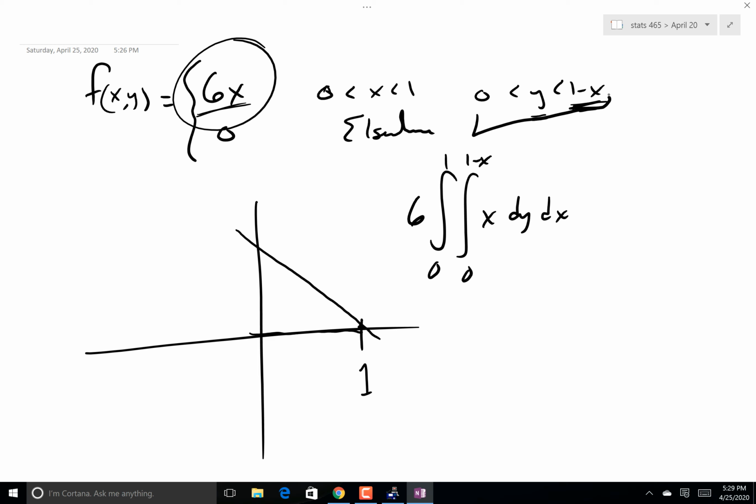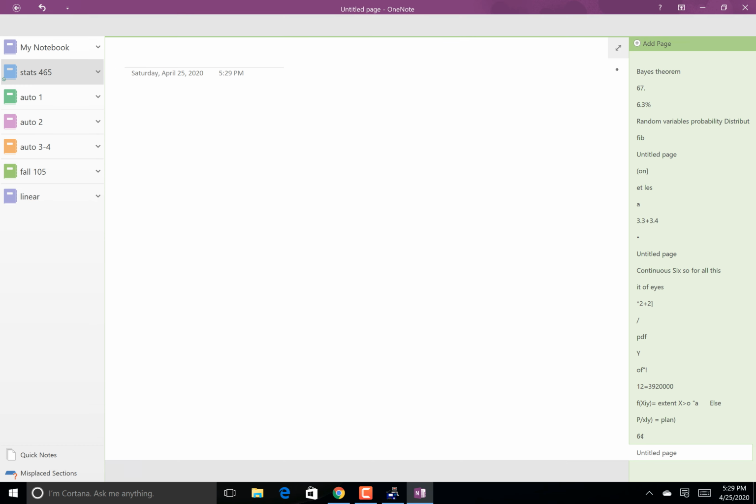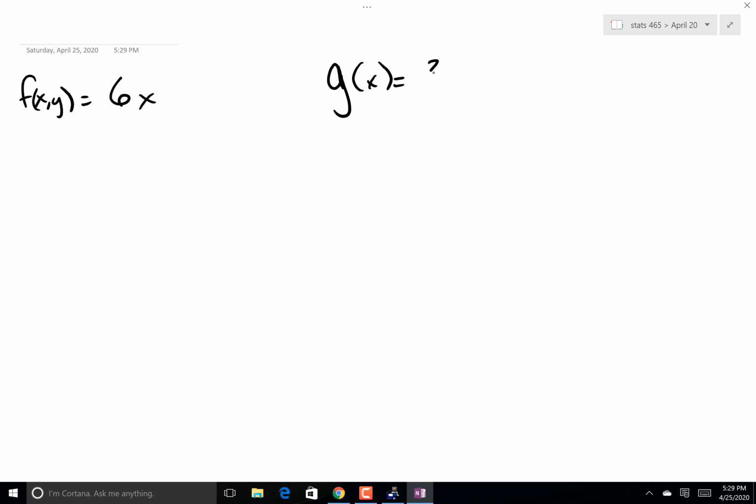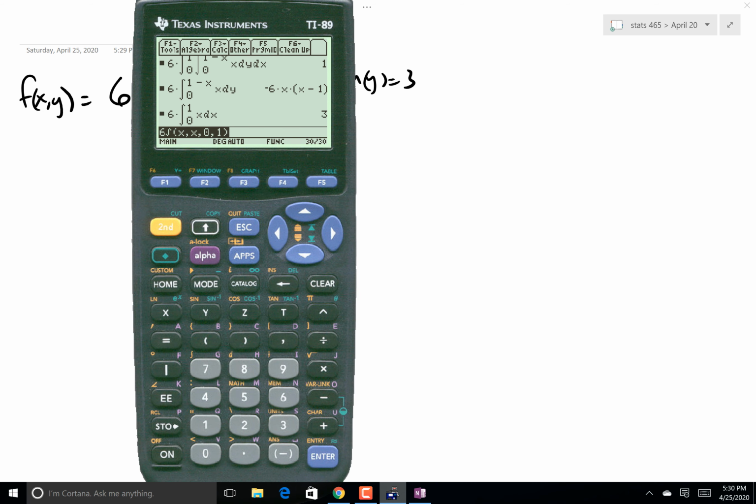Okay, so let's back this up a little bit now. In this problem, we had 6x. That is our joint. Our marginal of x was equal to 3. No, I'm sorry, our marginal of y was equal to 3, because that's the one I integrated with respect to x.